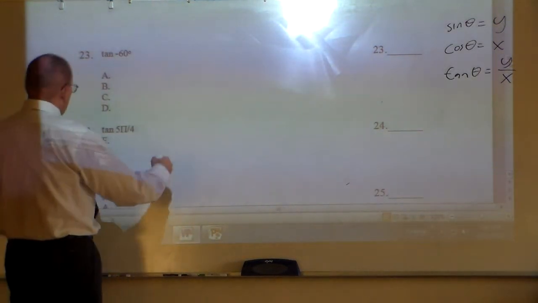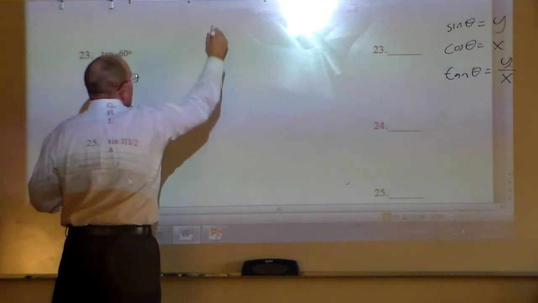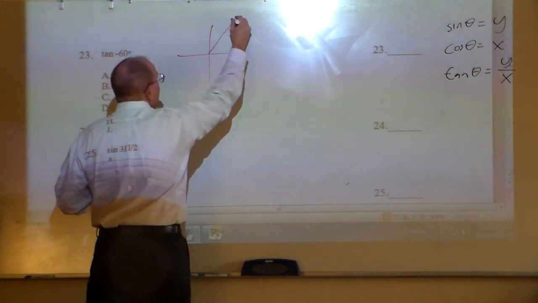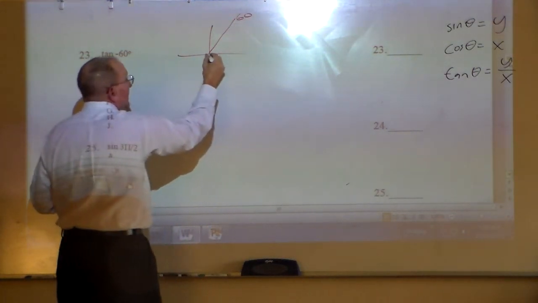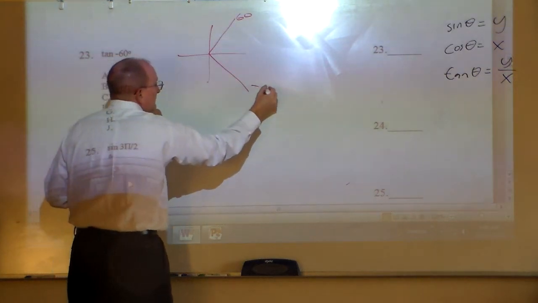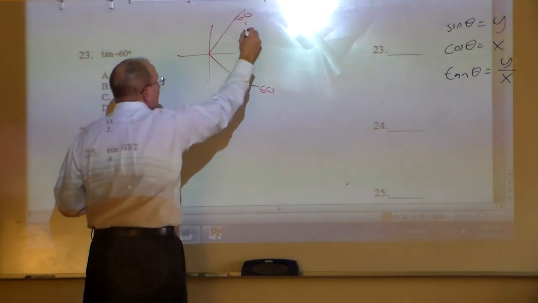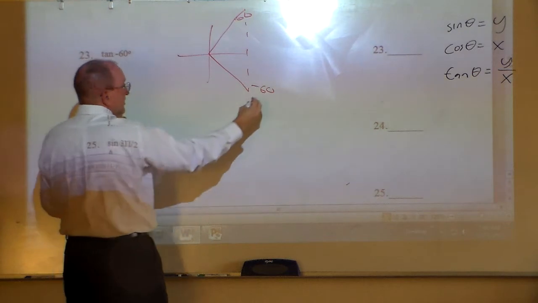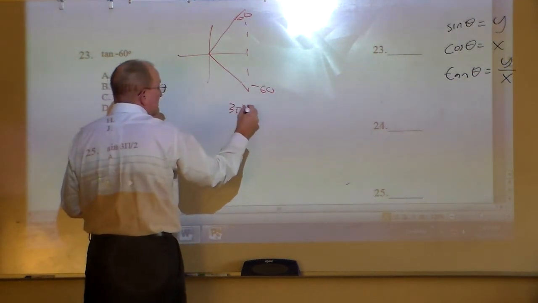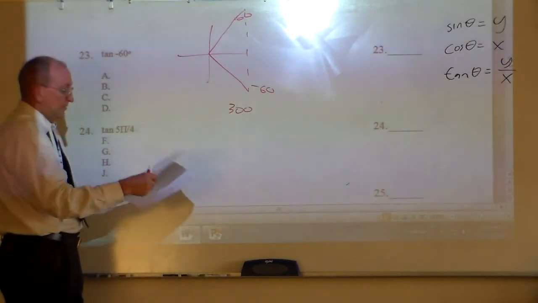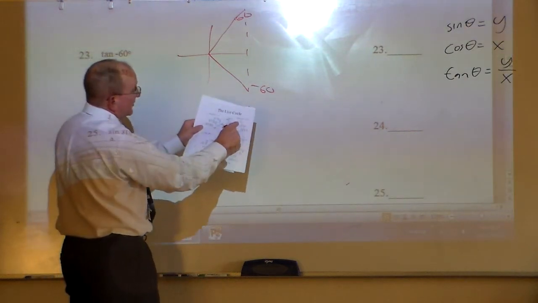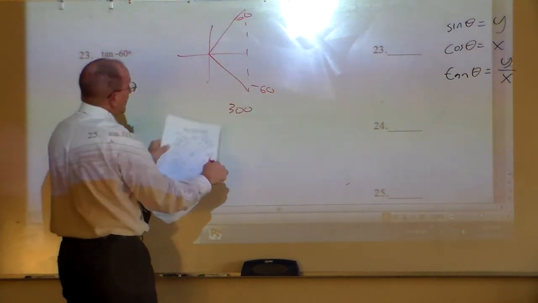So what we're going to do is the following. If positive 60 is here, negative 60 would be down here, or you could draw your line straight down where they meet. Negative 60 is the same as 300 degrees if you look at your unit circle. 60 is right there. Straight down here is that 300.